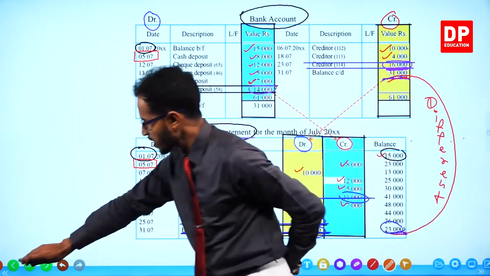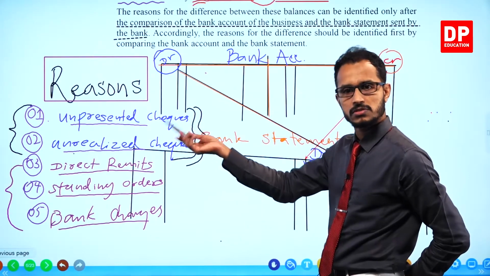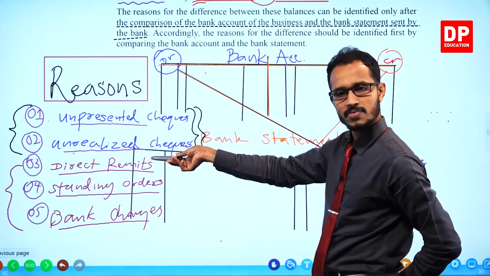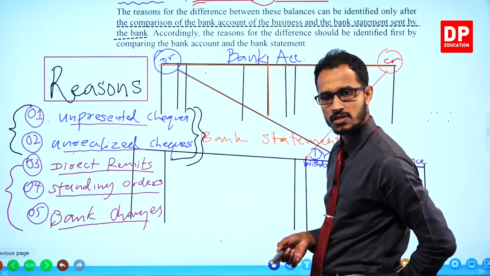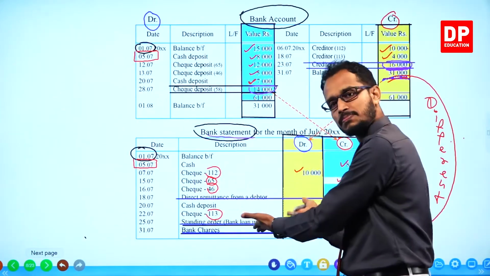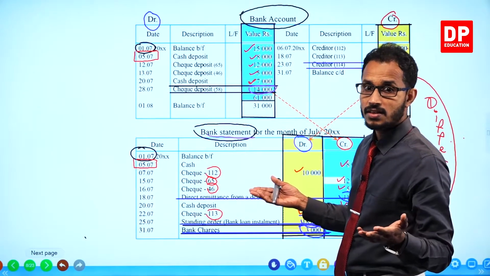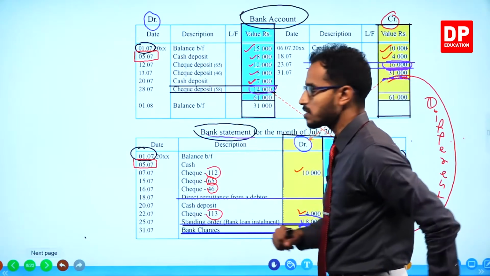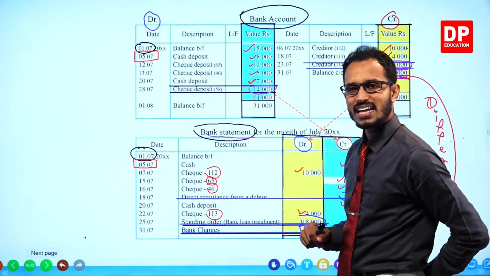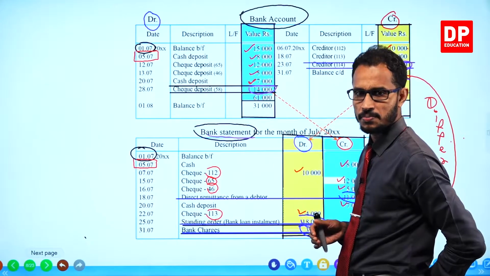Which are these ones, children? Of course, these ones. Unpresented and unrealized checks, which are missing in the bank statement. Then you tell me which ones are the unpresented checks and which ones are the unrealized checks. Can you tell me?